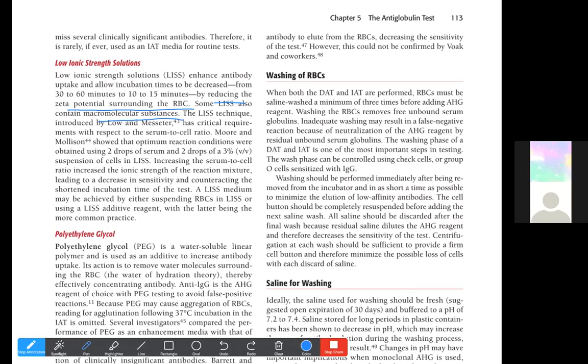This is the same as decreasing the zeta potential, and the LISS technique has critical requirements with respect to the serum to cell ratio. For optimum conditions we need 2 drops of serum and 2 drops of 3% suspension of cells.